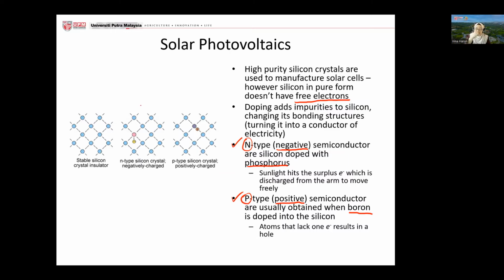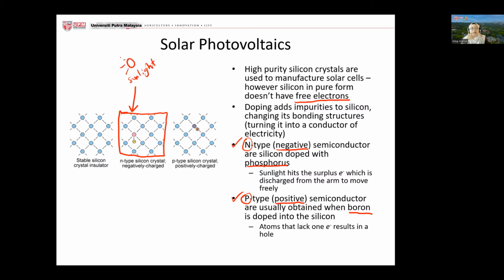So when sunlight hits, imagine this is a sheet of silicon crystal, because we can always imagine that as a solar PV cell. Imagine that it's a sheet.